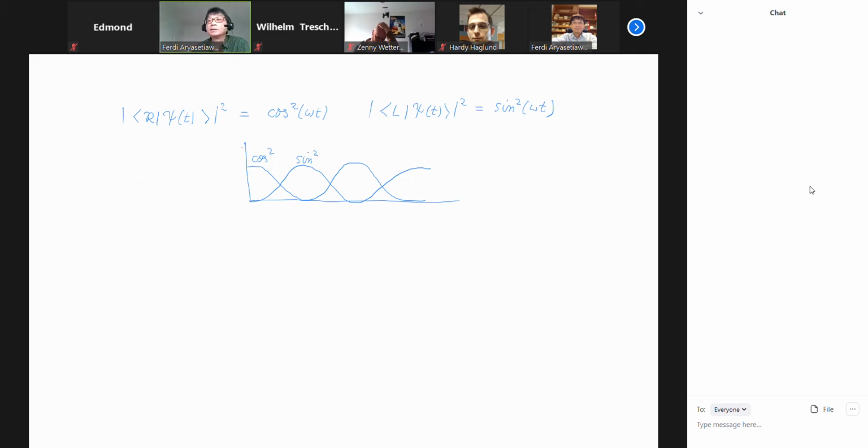So the system will oscillate. This is 1 here, and it's a function of time. At one time, it will be completely on the left, and at another time it will be on the right, and it will oscillate between the two according to this cosine and sine.